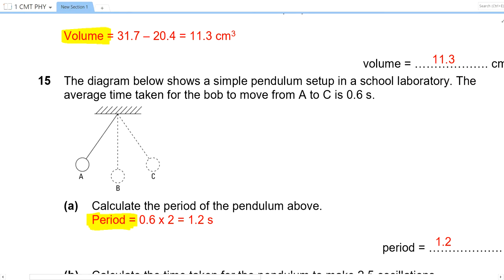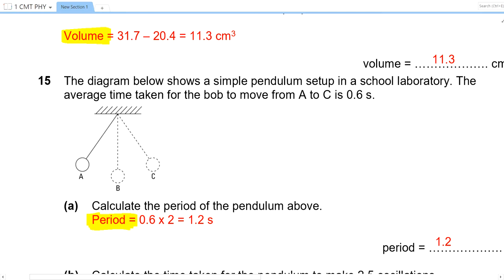Okay? Now question. What is the time taken for 10 cycles? 10 complete oscillations. How long does it take?